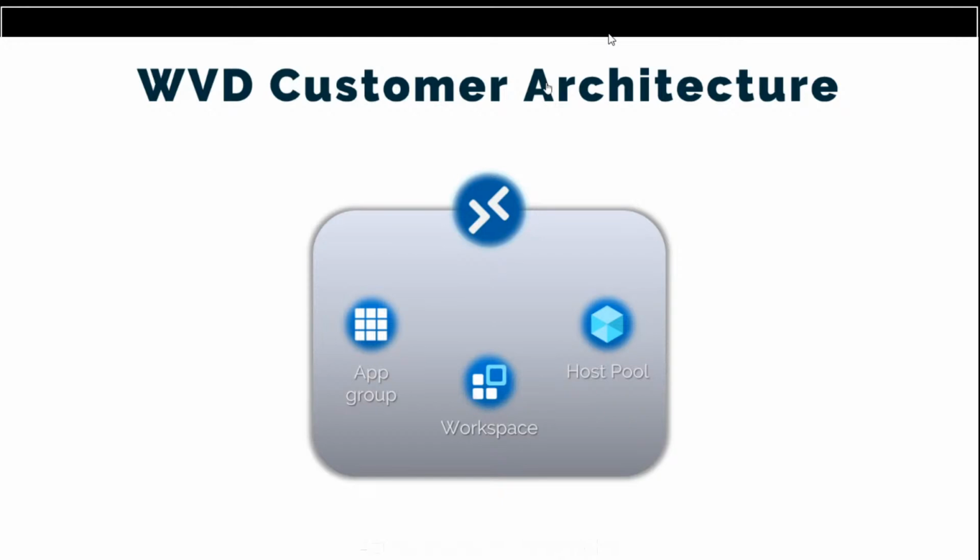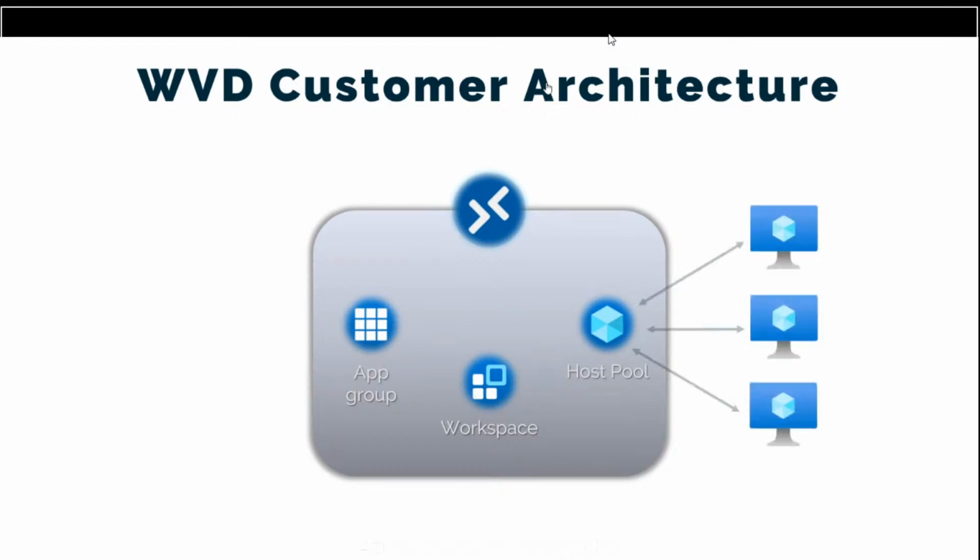But I told you there are 3 core components of WVD, and there is another one. This is the session host, standard VMs, right? We can add standard VMs to the host pool, and then when accessing the WVD, based on the load balancing algorithms, we'll be logged in to one of those.